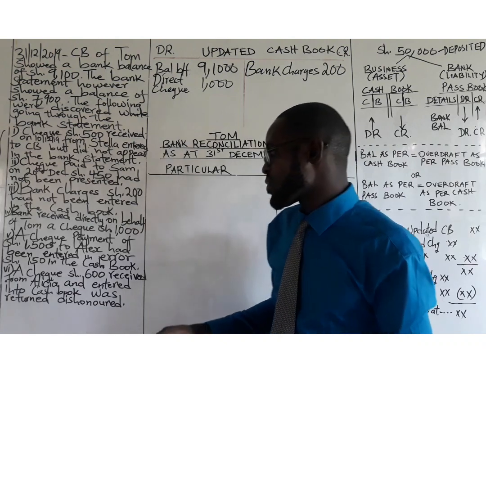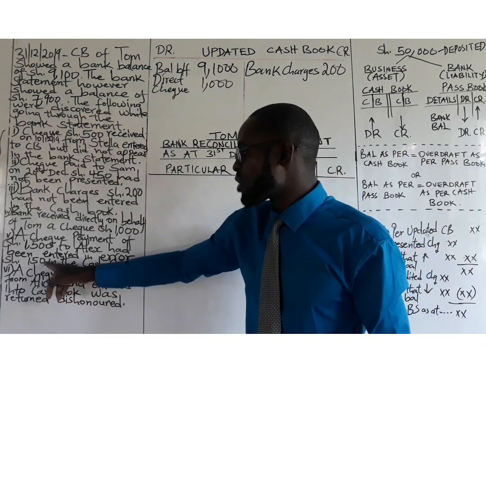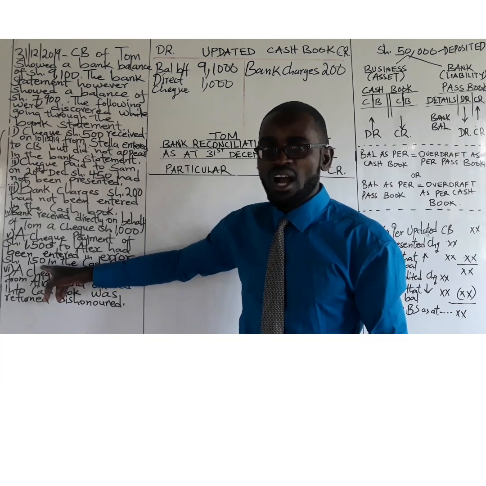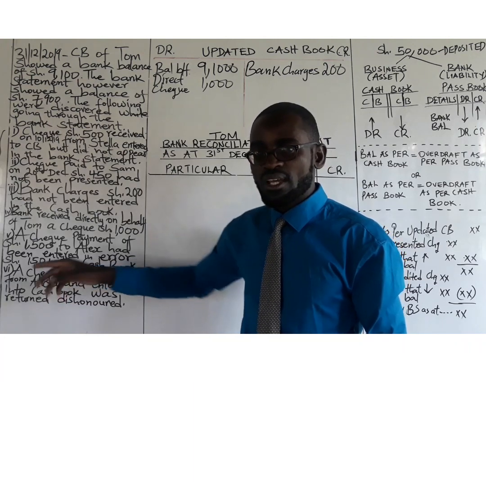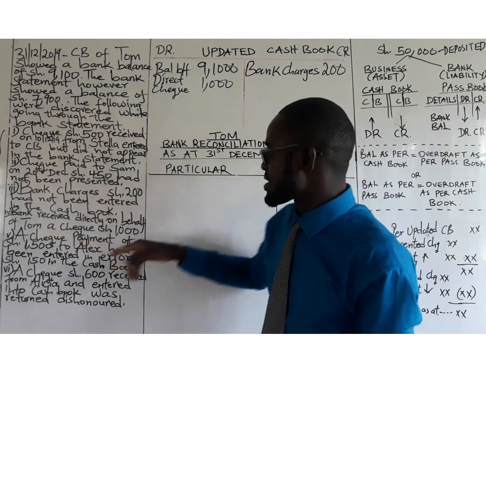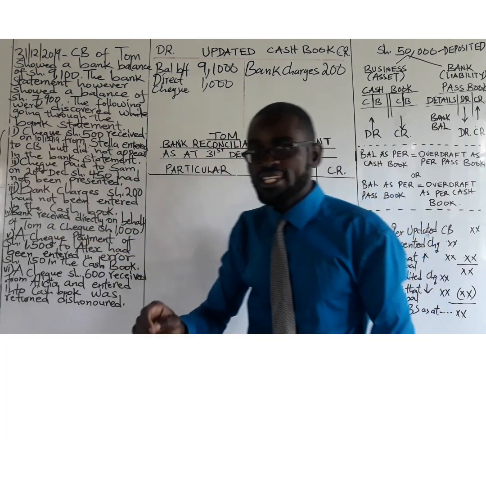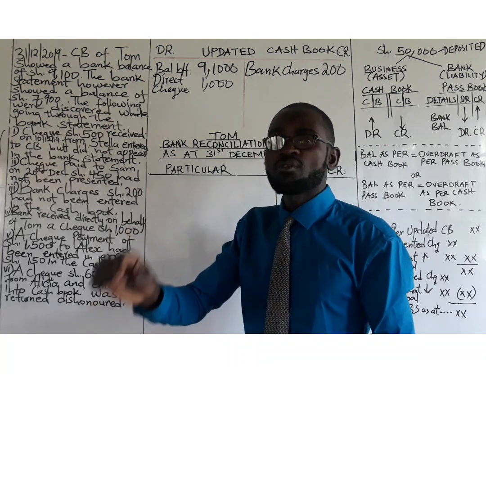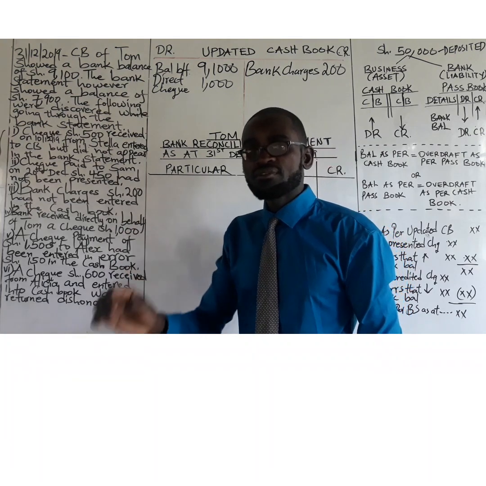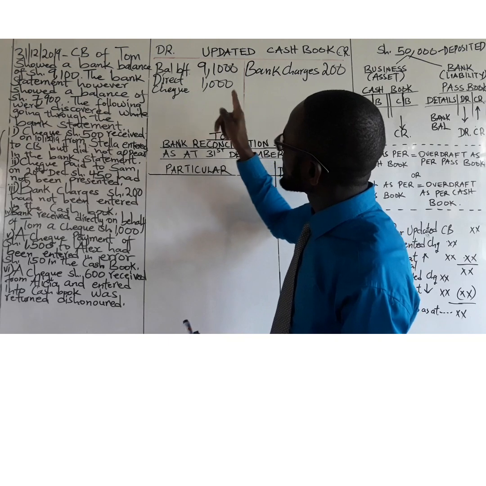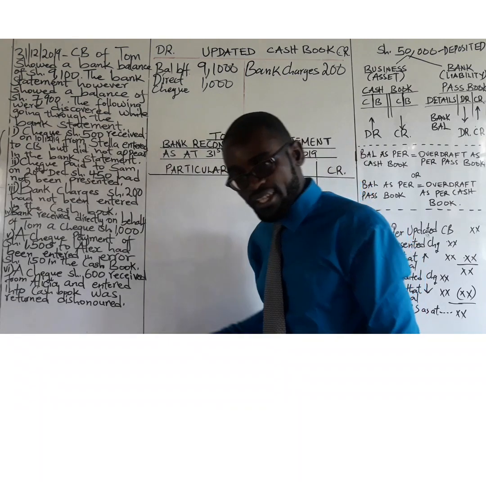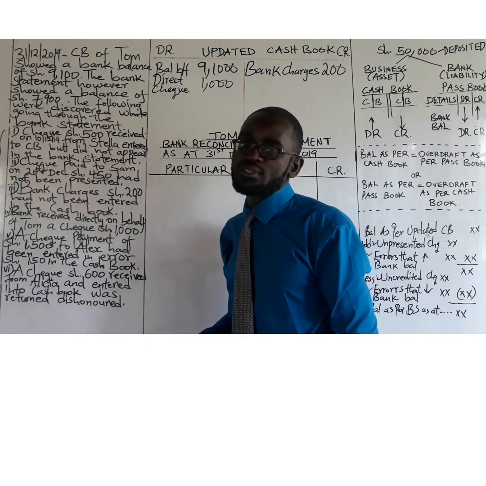It means there was an understatement or undercasting. So how do we correct this one? We get the difference. If 150 was recorded instead of 1,500, it means the difference of 1,350 is still inside this cash book. So it's supposed to be reduced.